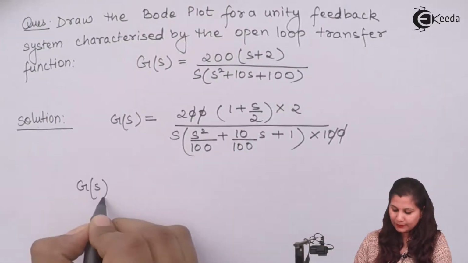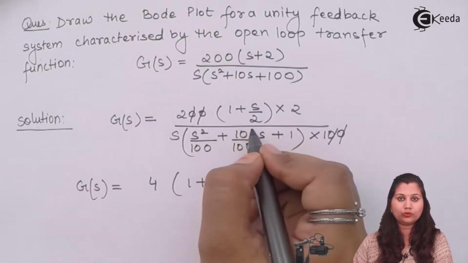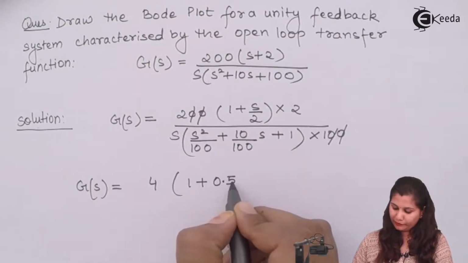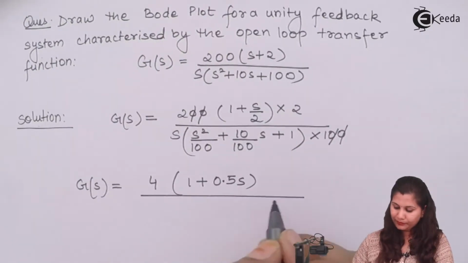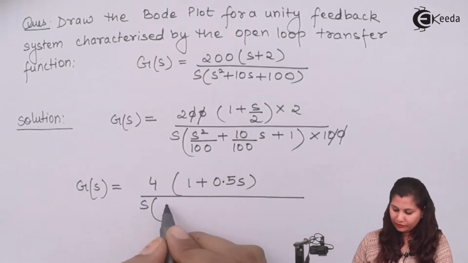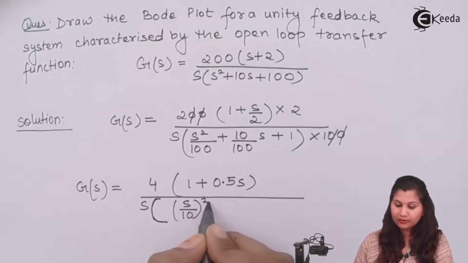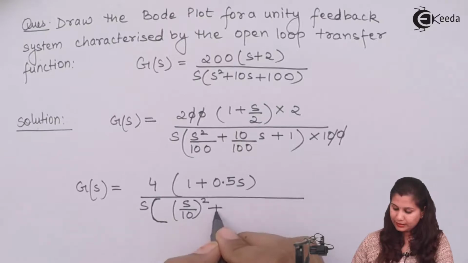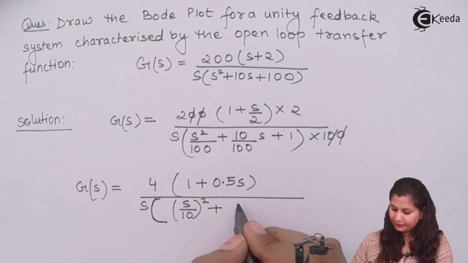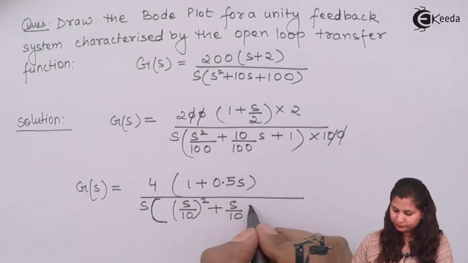So G(s) equals 4(1 + 0.5s) upon (s/10)² + s/10 + 1.